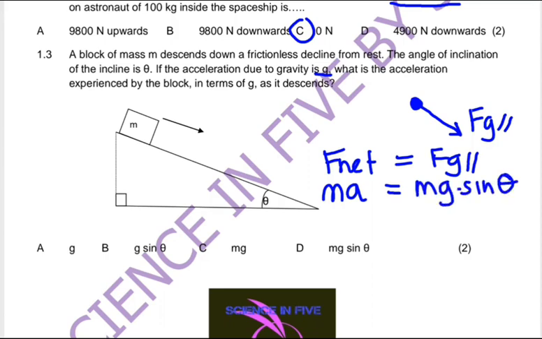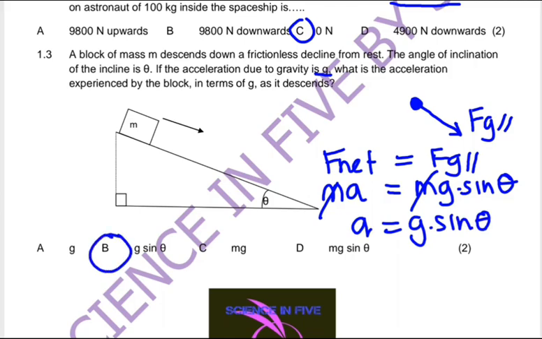So one of the formulas, guys, you have to remember, weight parallel is equal to mg sine theta. You can divide both sides by m. You remain with a is equal to g times the sine of theta. So our correct answer is g sine theta, and that's the answer there, B.